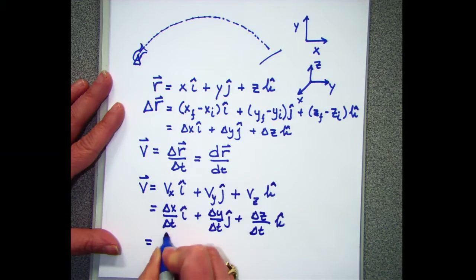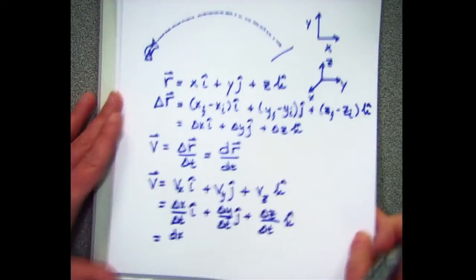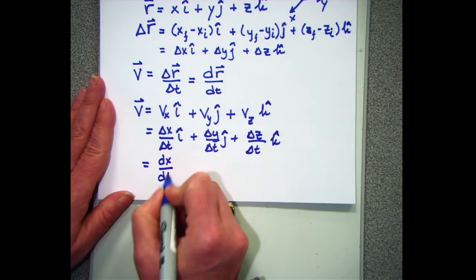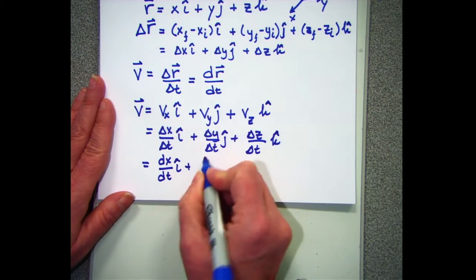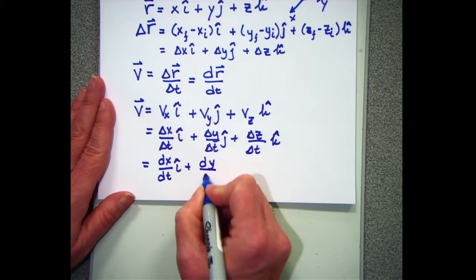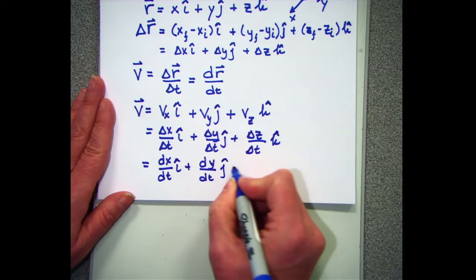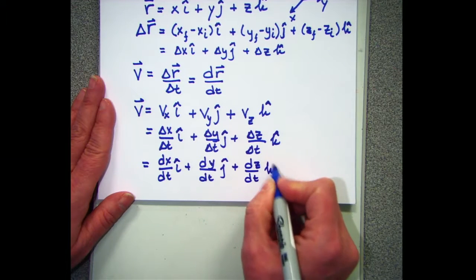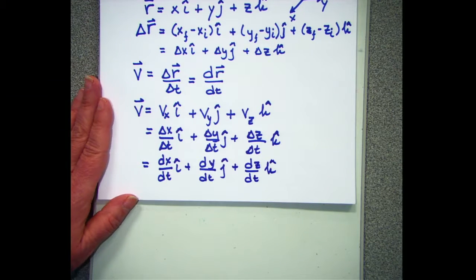Or if I write it out in the calculus form, for those of you who've seen that before, I can do it as my derivative. So I can actually do it in terms of a derivative.